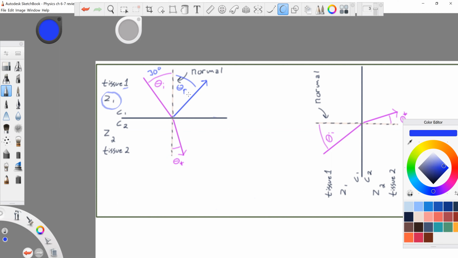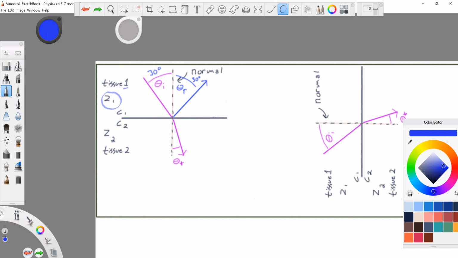Every time it's the same thing. It is going to be equal. Always equal. If I come in at this angle, I'm going to come out at that angle. If I barely graze it, I'm going to graze it. I'm going to come in at a very tight angle, it's going to come back at a very tight angle. So that reflected angle is always equal to the incident angle.